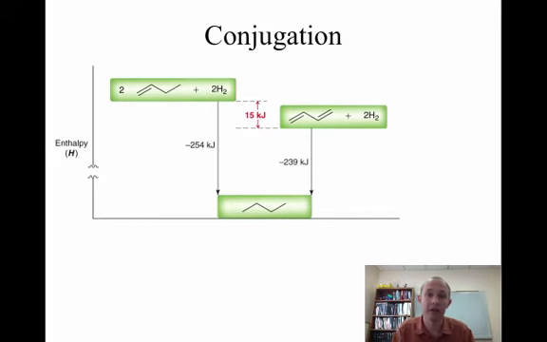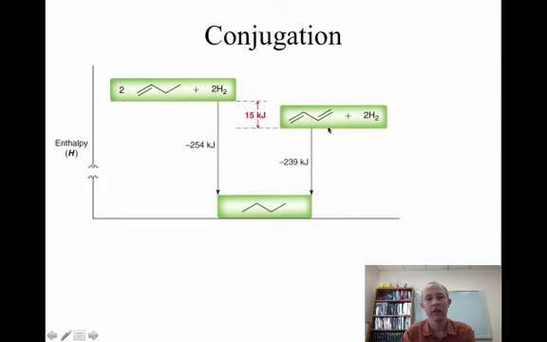And how do we measure stability? Especially stability of alkenes, we can measure it through hydrogenation, right? So if we take two equivalents, or 2 moles, let's say, of 1-butene, and we hydrogenate it to make butane, we get 254 kilojoules of energy out, right?